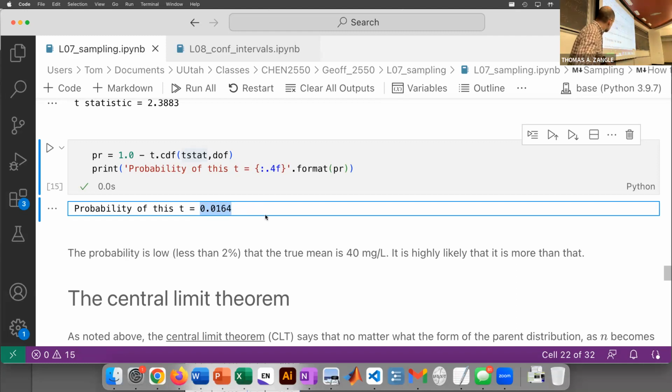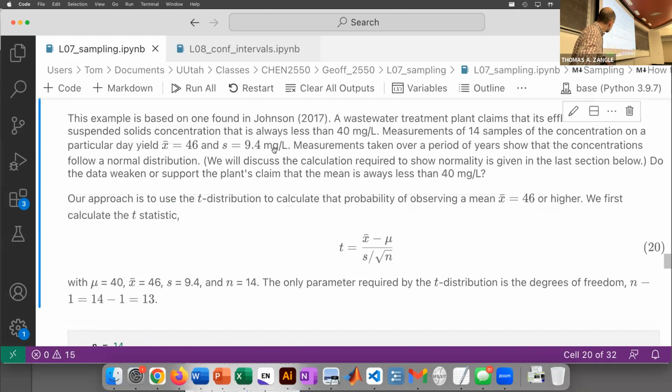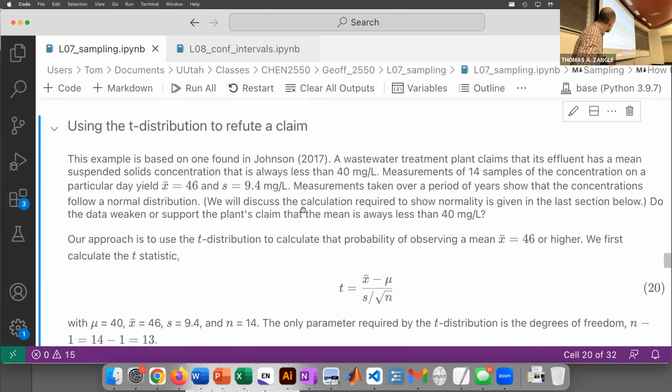So what we're essentially trying to do here is, if we could just step back up here for a second, we want to evaluate this claim that the mean value is less than 40 milligrams per liter. We made some set of measurements.